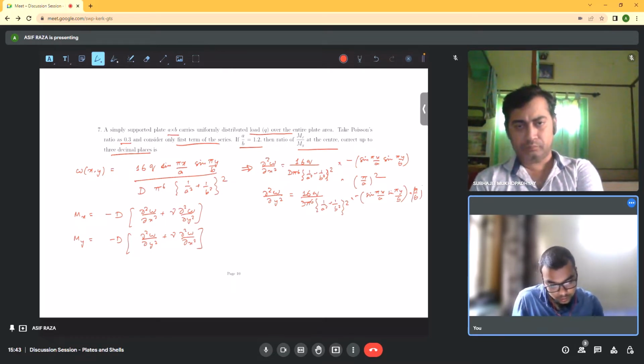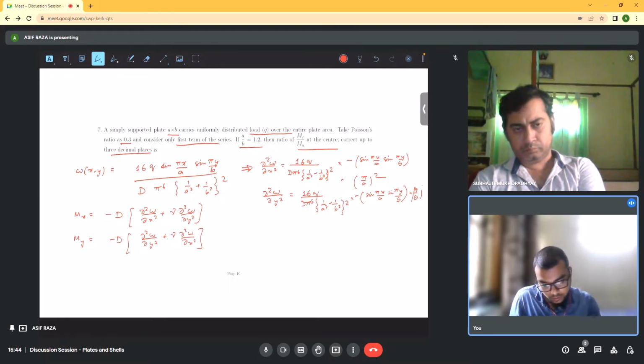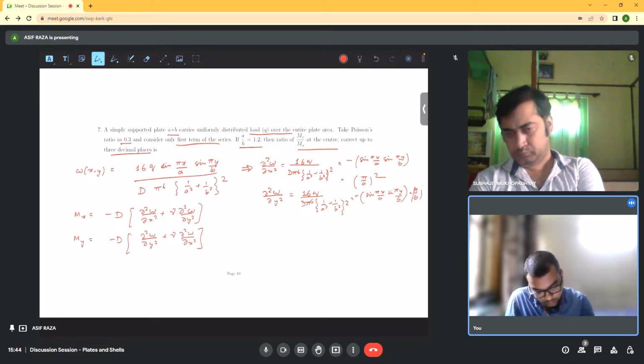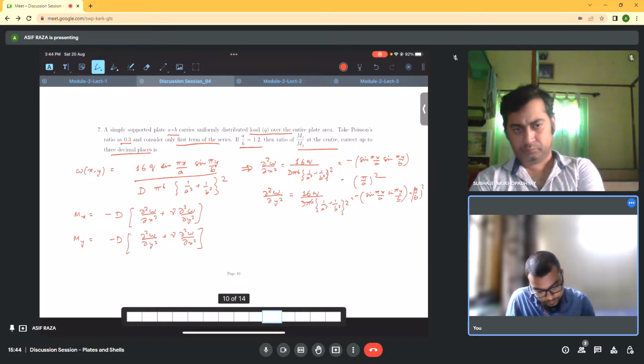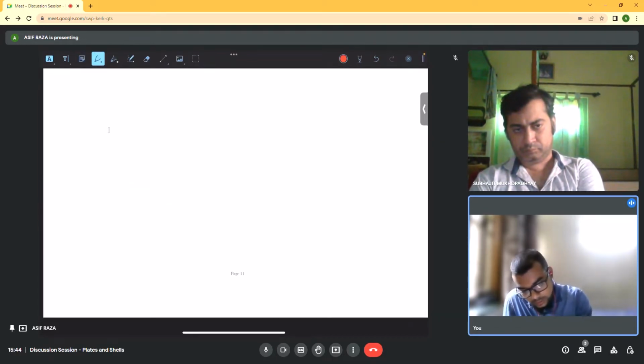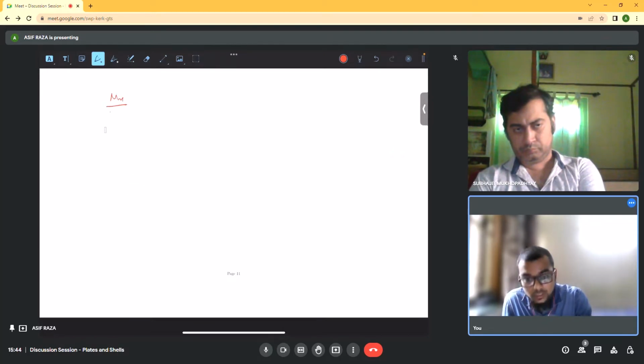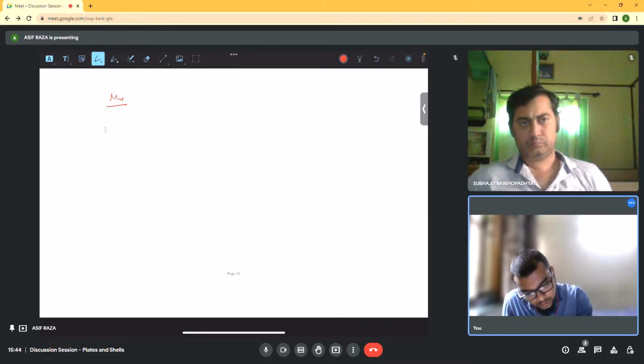So if we take this addition, okay, so the ratio value, if you take Mx upon My, it is equal to del square W upon del x square plus mu del square W del y square.